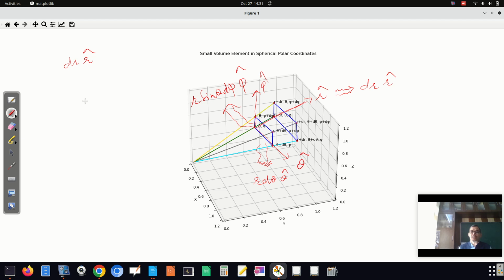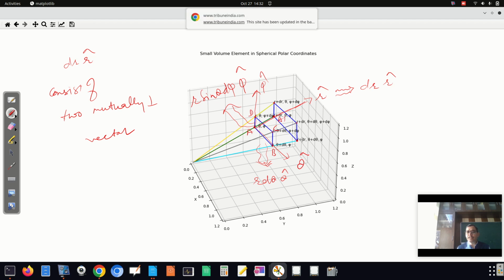So this small volume element consists of 3 mutually perpendicular vectors. Say it is A, B, C, D, A prime, B prime, C prime and D prime. One vector is the AA prime vector, another is the AB vector, and the third one is the AD vector.